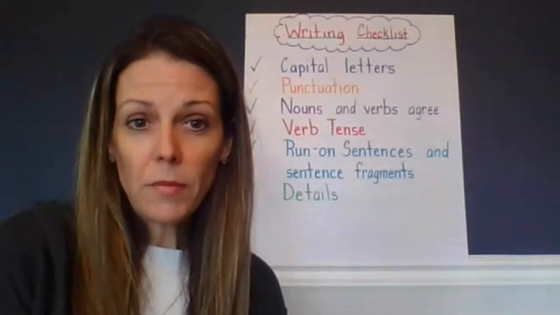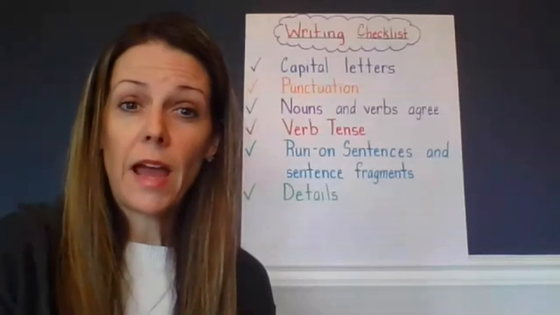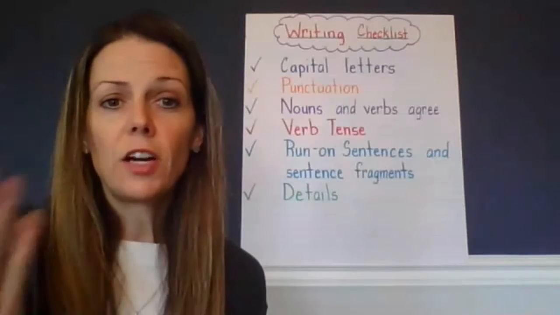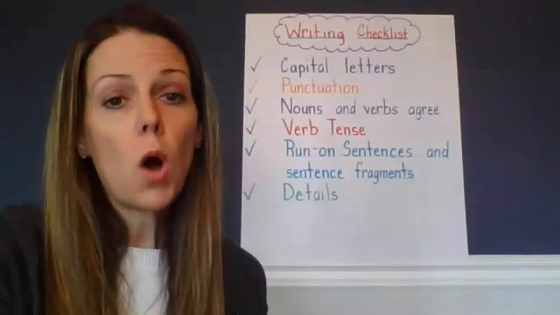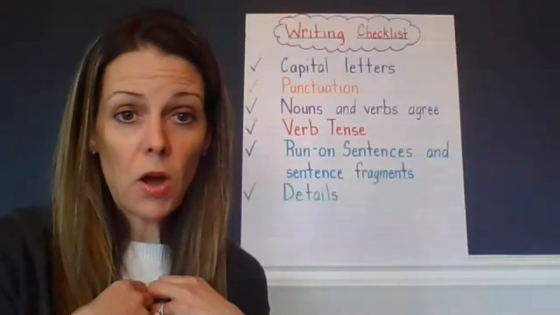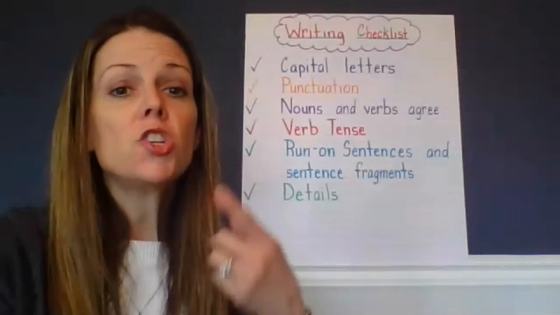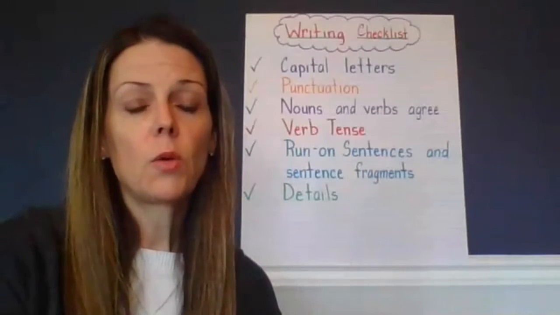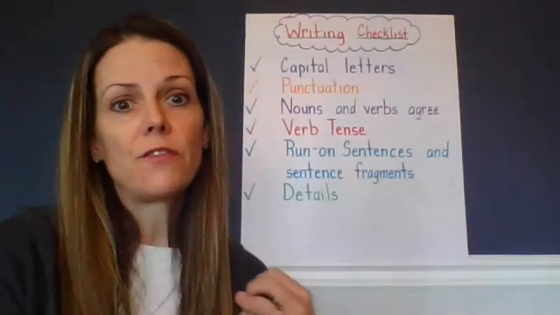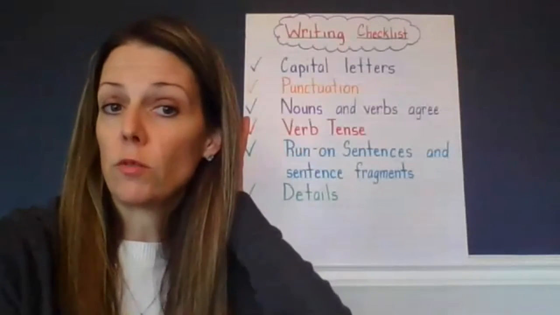Something's wrong there. My noun and my verb don't agree. My noun is the girl and the verb is walk. When I say the girl, it should be walks. I walk in the park, you walk in the park, she walks in the park. So you have to make sure that your nouns and verbs are making sense when you're writing.